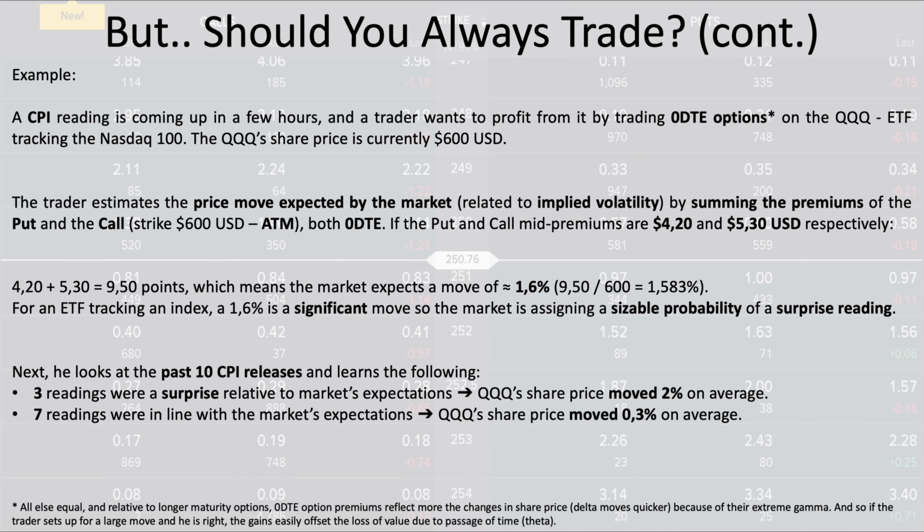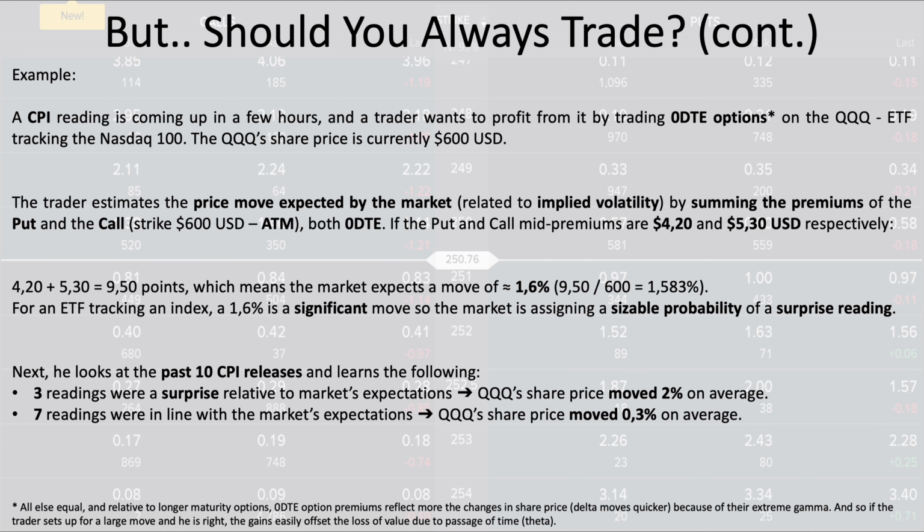So if the trader sets a large move and is right, the gains easily offset the loss of value because of the passage of time. With 0DTE options, because they expire on the same day, the theta is very high, and they lose value very quickly.